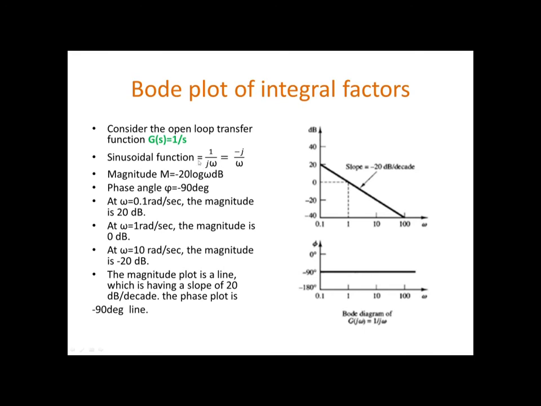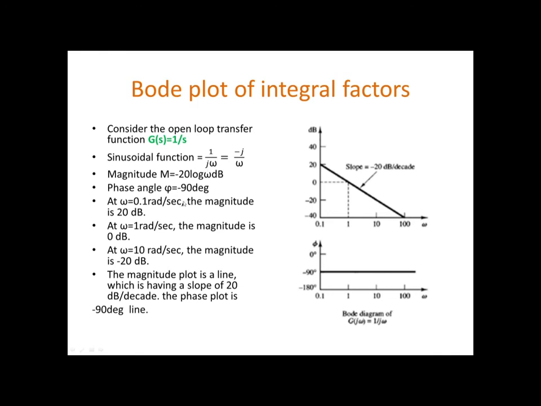Whenever the s is in the denominator, it represents a pole. So when a pole is located, for each pole the angle contribution will be negative, and if it is a zero, then the angle contribution will be positive. So here it is located in the denominator, that means it is a pole.